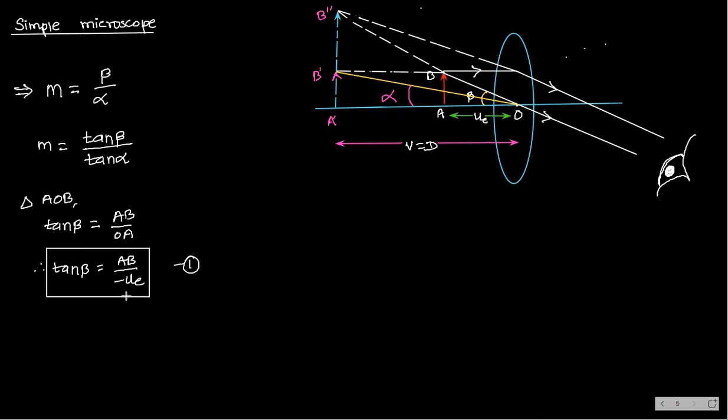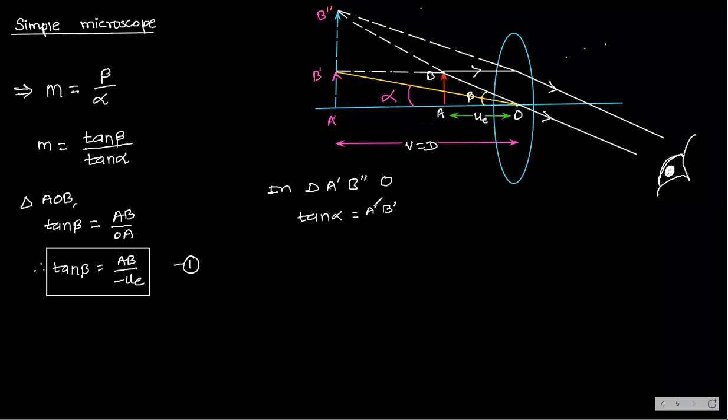Any doubt? Very simple. Similarly, in triangle A dash B double dash O, the alpha triangle, tan alpha is equal to A dash B dash by OA dash.